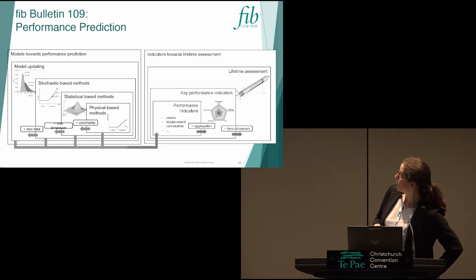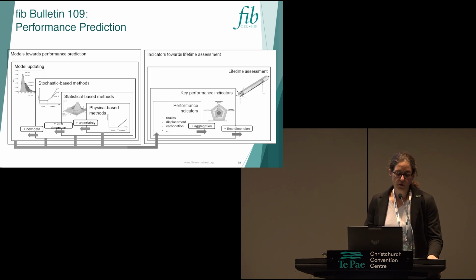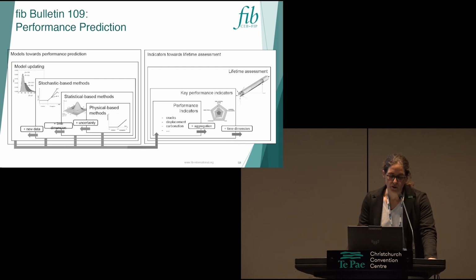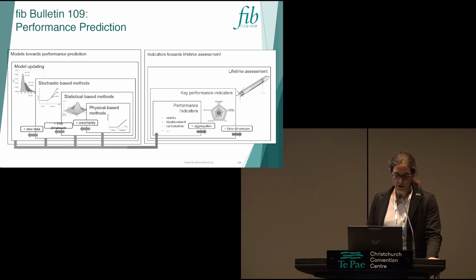So furthermore, when it comes to the performance prediction, when we have an idea about the quality of our data and also of the model uncertainty, we can apply a lot of different models for the performance prediction, starting from physics-based methodologies to statistical-based, stochastic-based, and data-driven models.